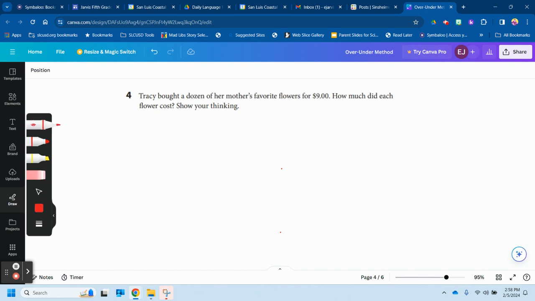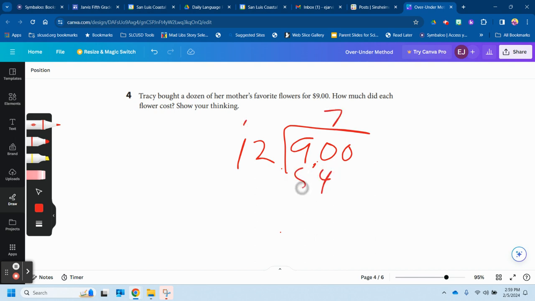So what I need to do is think of it differently. I need to think of the 9 divided by 12. Let's see here. Let's try a 7. And I get a 6 here.